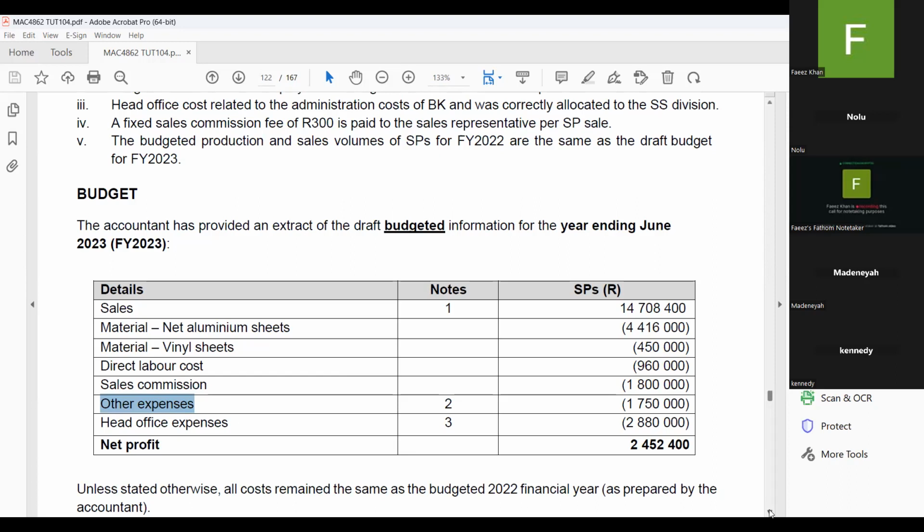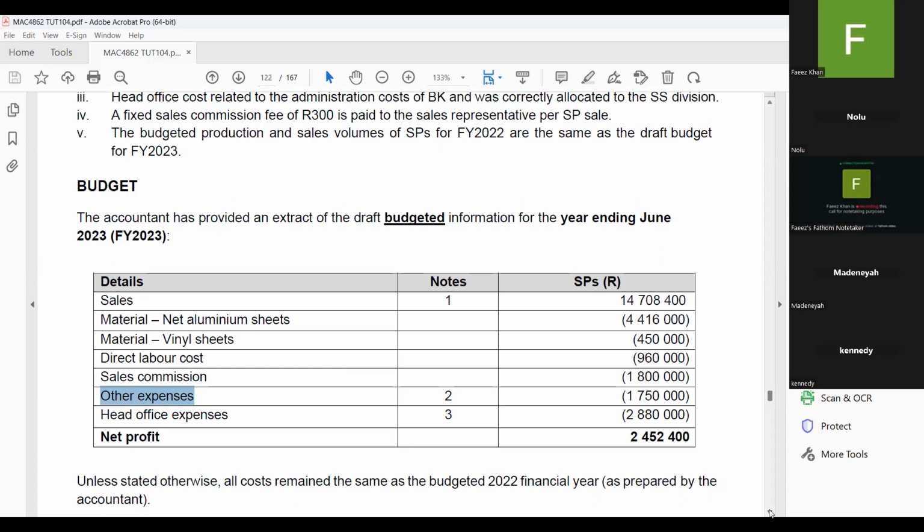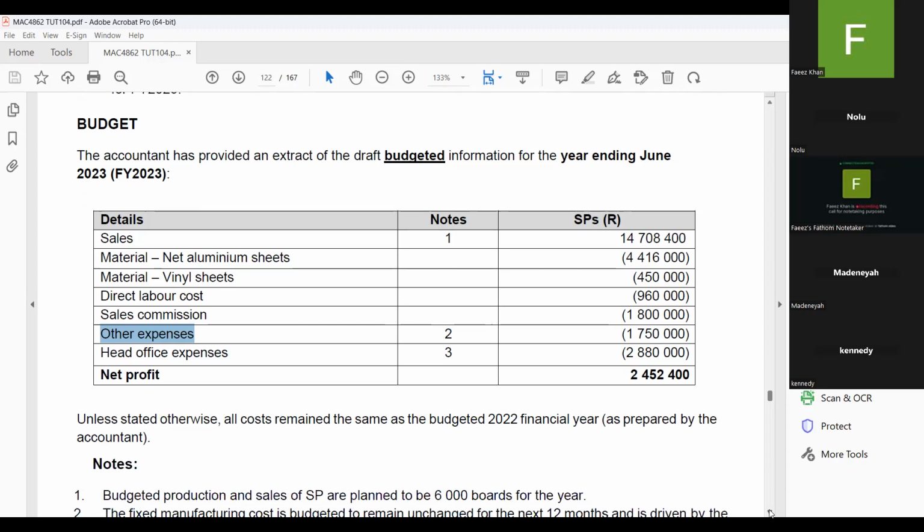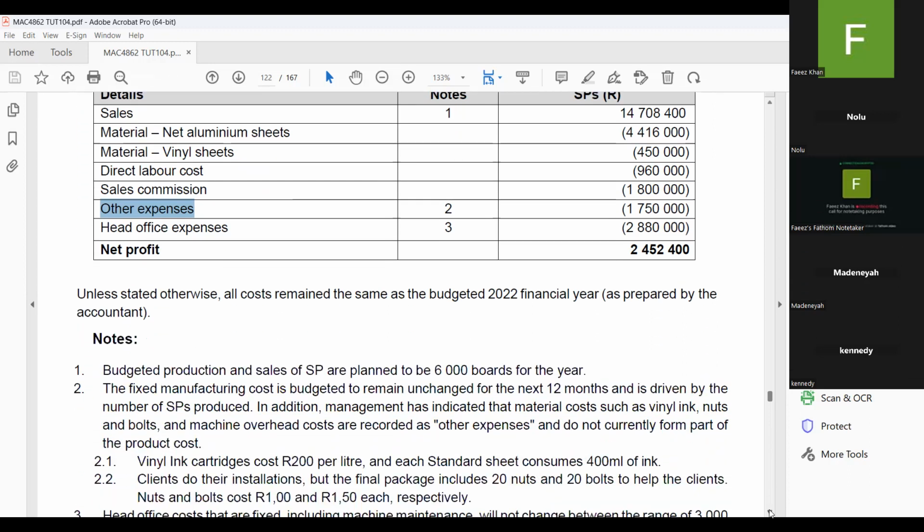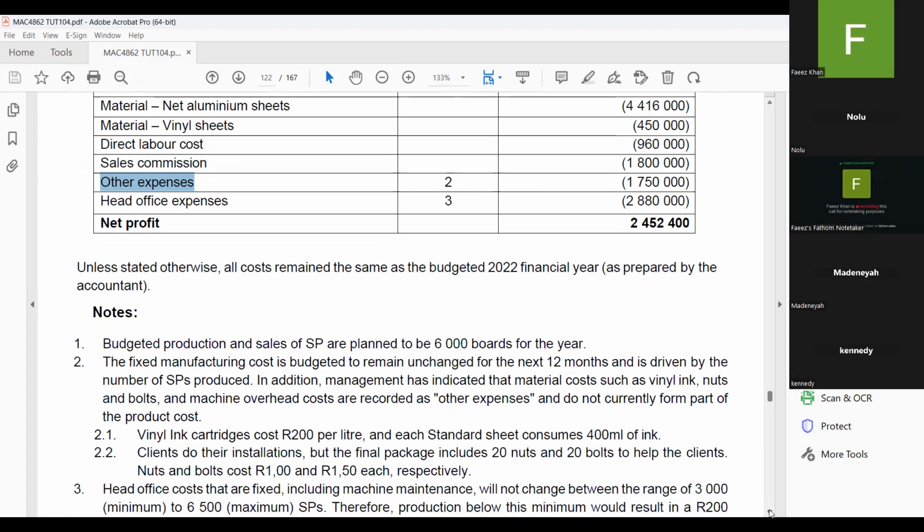Okay, and then part two of part A was to actually recalculate the cost card. Okay, so I'll bring that up and we can see the answer we had. Okay, because we're going to need it for the remaining of the question.